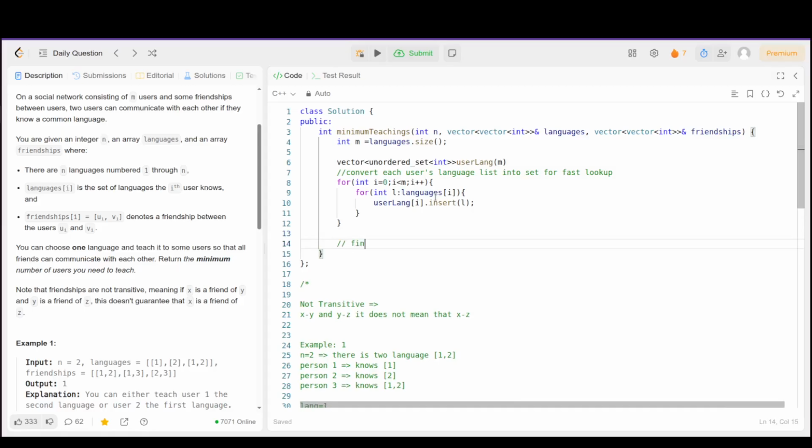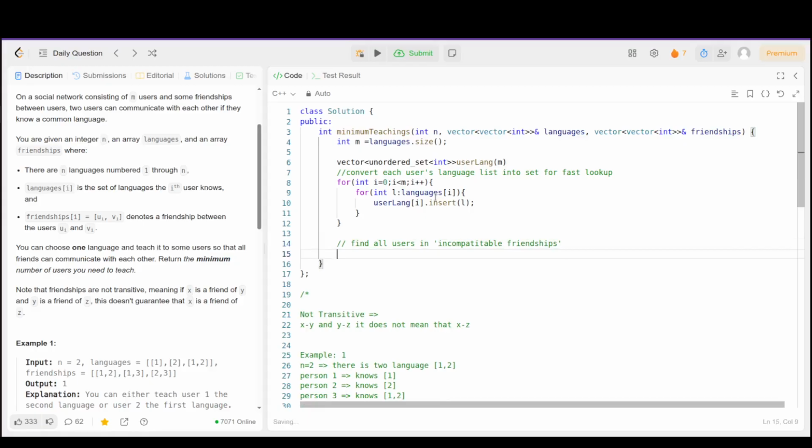Now find all users in compatible friendships, that is, users who do not know any common language but are friends with each other. We take an unordered set of candidates, let's say candidates.